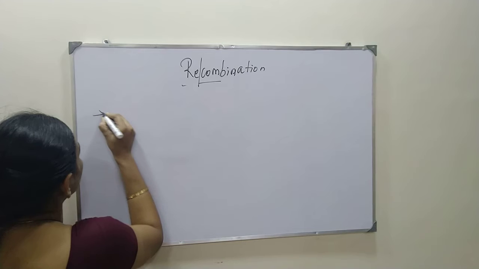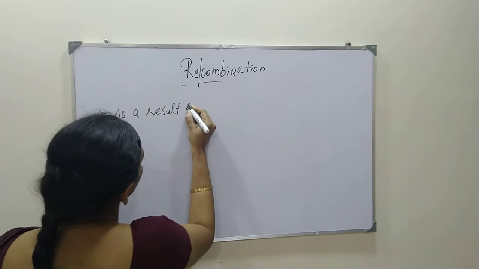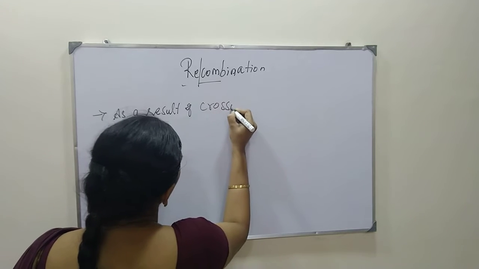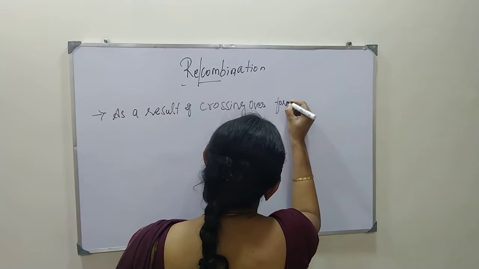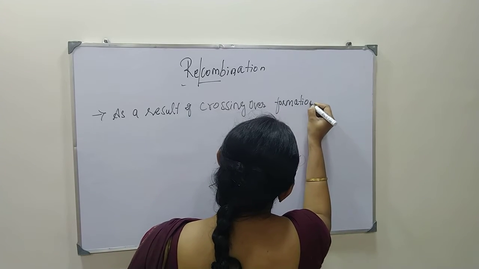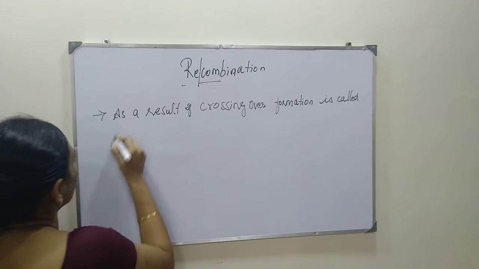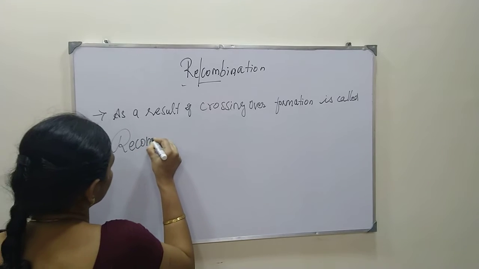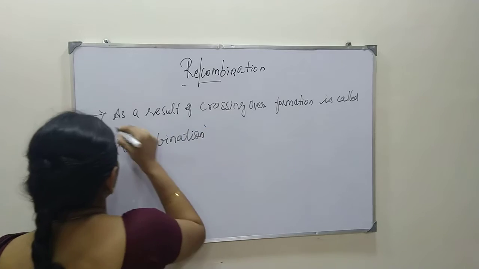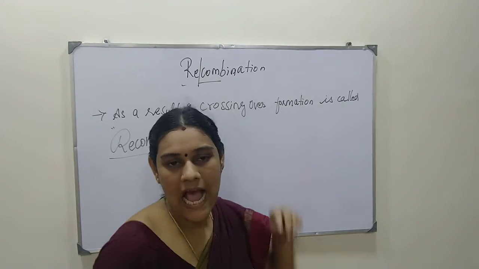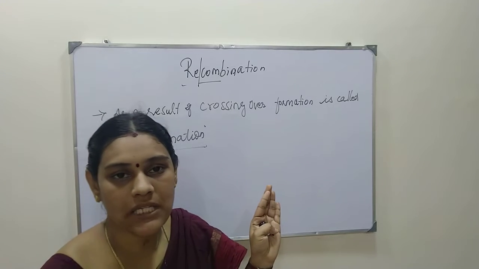As a result of the crossing over mechanism, the crossing over formation is called recombination.